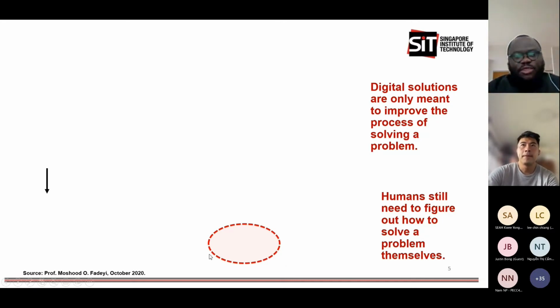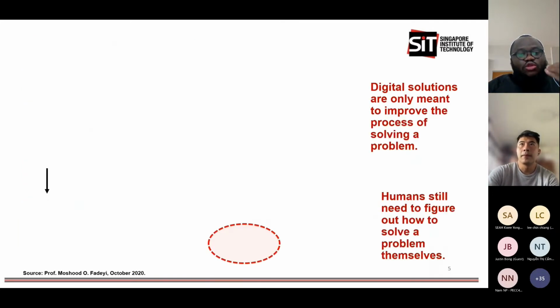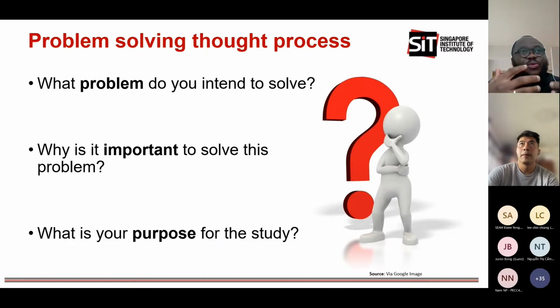Then here I show that digital solution is just a component of it, which is very, very important. Don't get me wrong. But my point is, if you don't know how to solve problems, your digital solution will not be useful to you. Because by knowing how to solve problems, it will help you to come out with a better, relevant, useful solution that can enhance the value delivered to all the stakeholders involved.